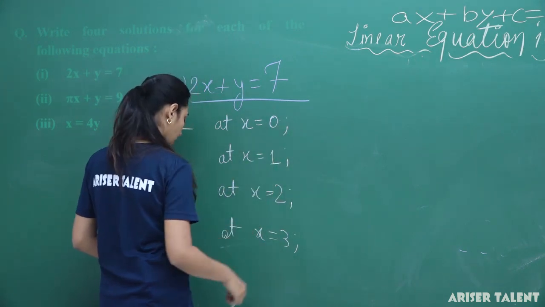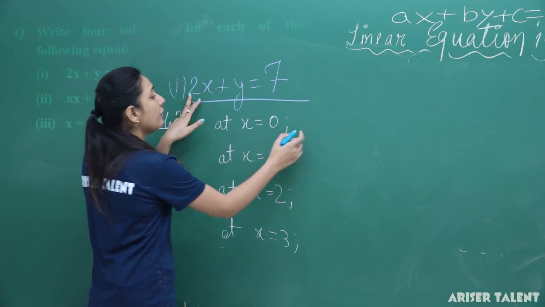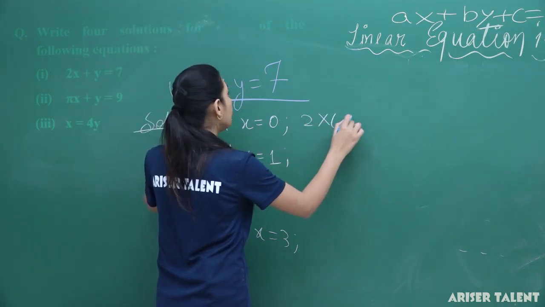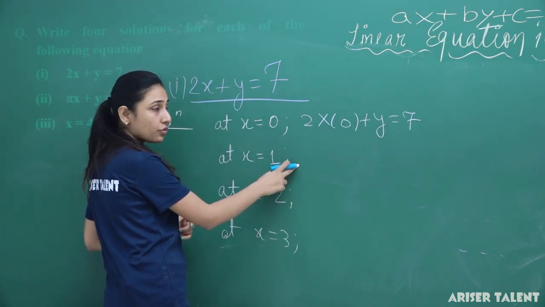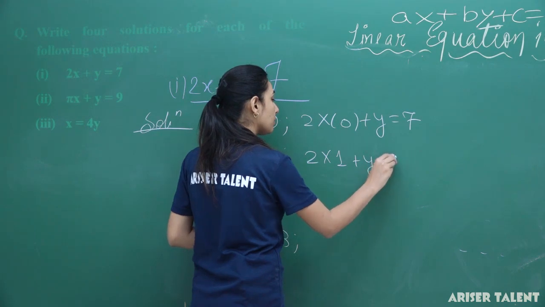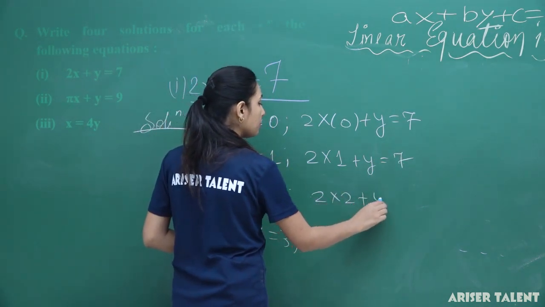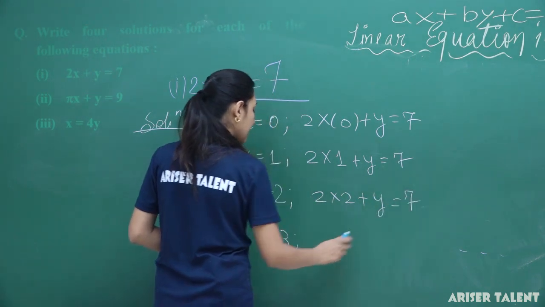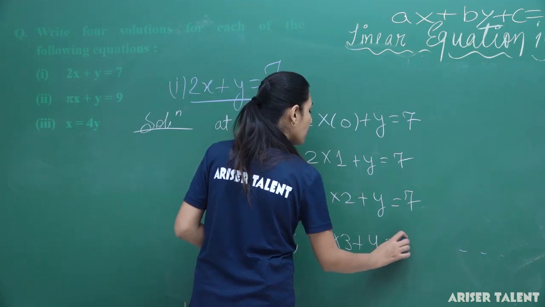Okay. So, when I put value 0 here, that will be 2 multiplied by 0 plus y equals 7. In this case, student, that will be 2 multiplied by 1 plus y equals 7. Here that will be 2 multiplied by 2 plus y equals 7. Here in this case that will be 2 multiplied by 3 plus y equals 7.